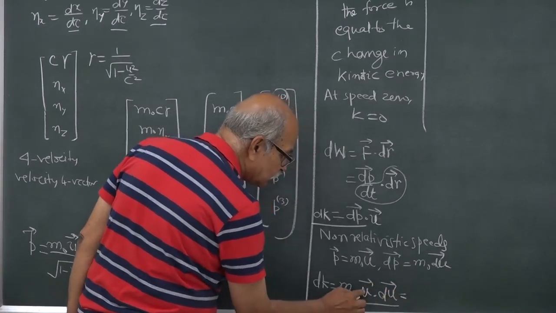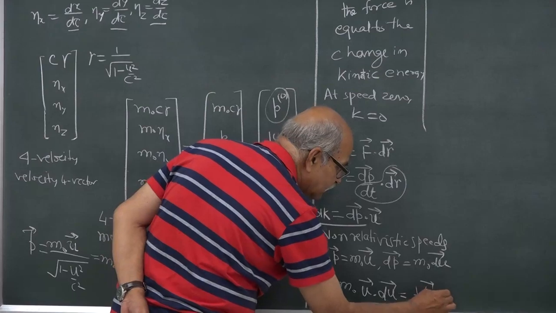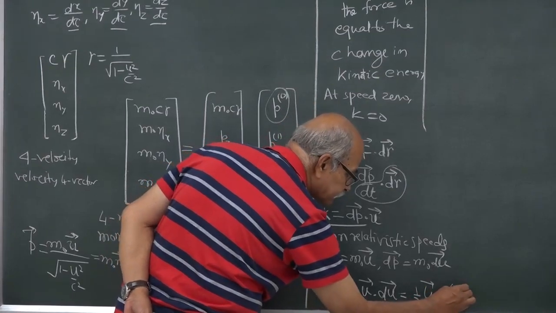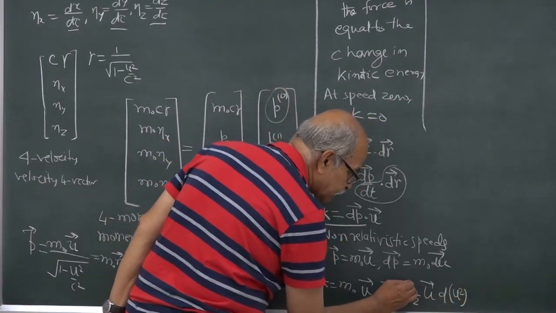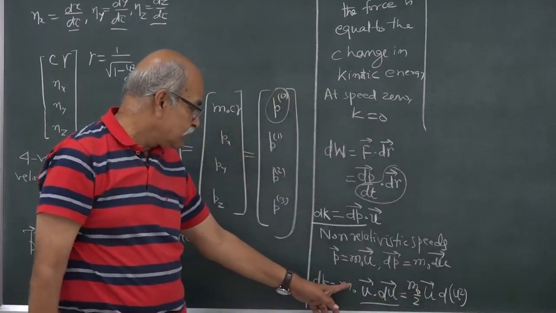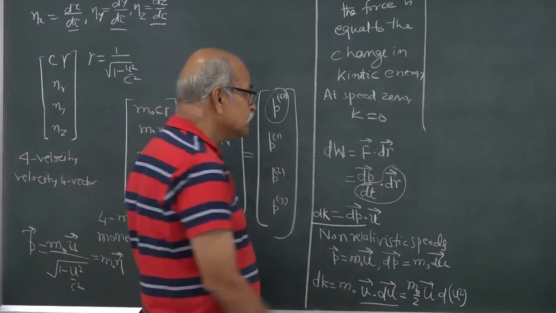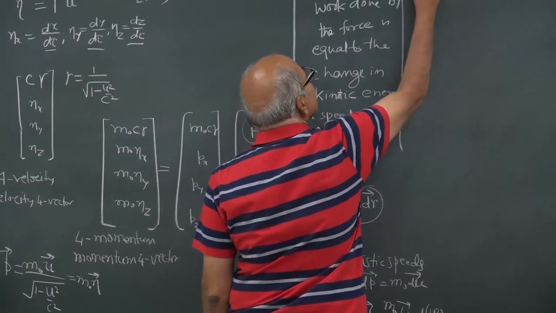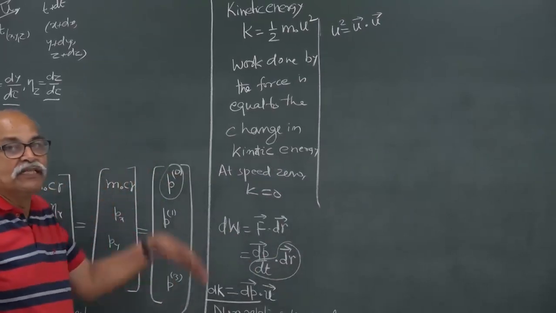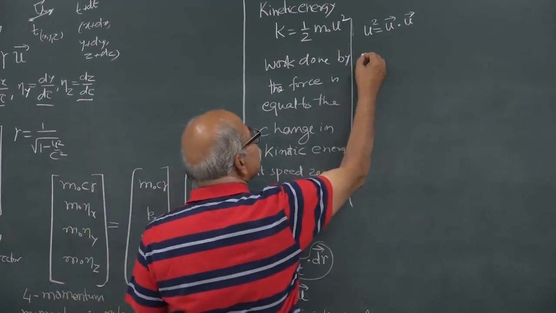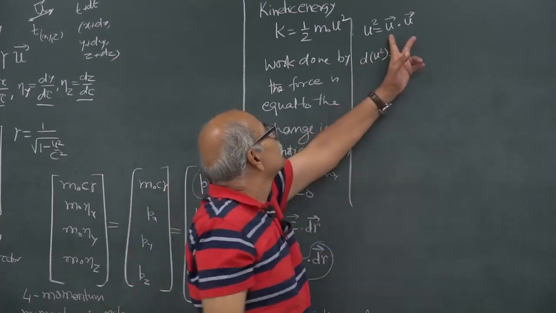And this quantity, this u dot du is half d of u square. So, let me write m naught here. So, m naught and then u dot du, that is half d of u square. How do I get this expression? This expression is simple, u square is u dot u, that is speed square. If you write d of u square, so there is a product of two quantities.